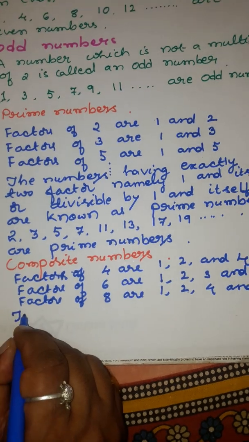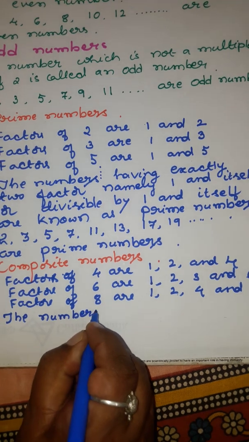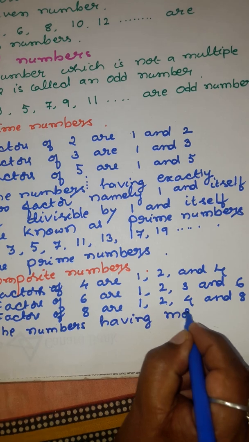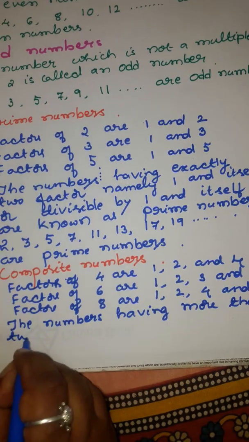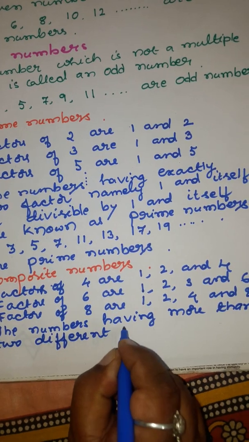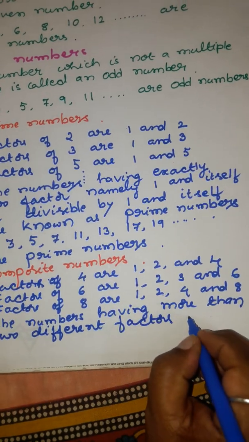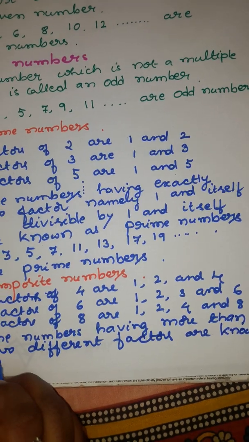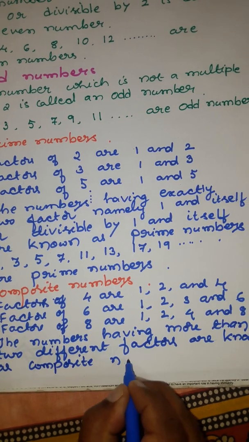So the numbers having more than 2 different factors are known as composite numbers.